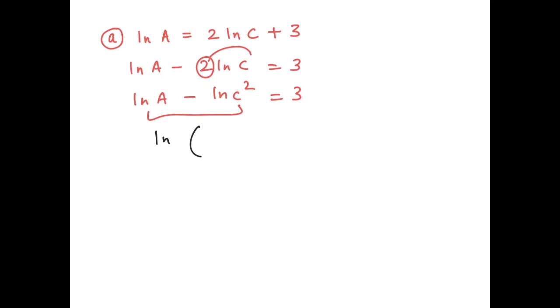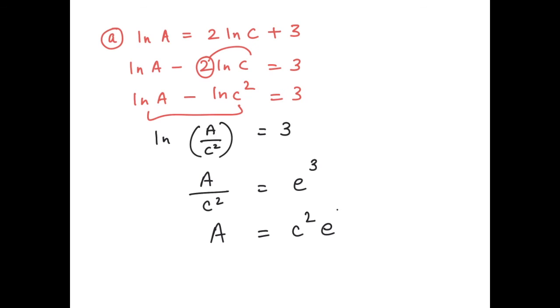So it will be ln A over C square equals 3. Now we know that if we have ln of something equal to a number, we can express it as A over C square equals e cube. We are changing it into exponential form. We have removed the ln, so A will be C square e cube. So now there is no more ln.